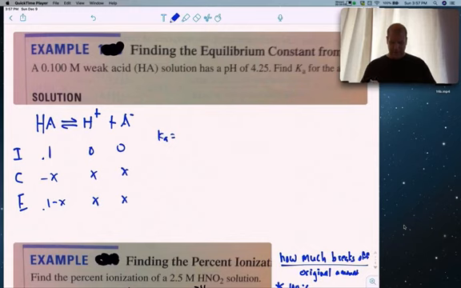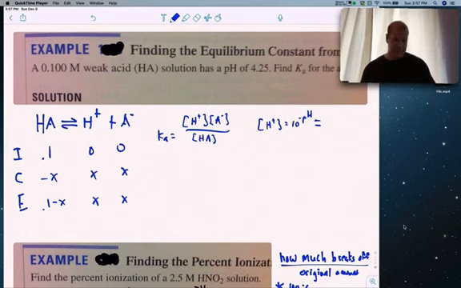Our Ka is going to be H plus times A minus all over HA. You're like, what do I look for? H plus? So we're given the pH. So H plus is 10 to the minus pH, which in this case, you can just look up.